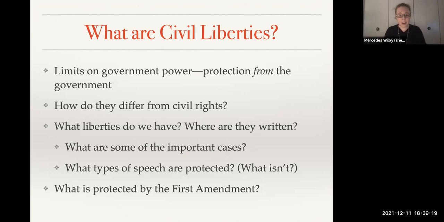That is typically why we don't see speech prohibited in advance of speaking or the press limited before they publish. That is why typically these are punishments after the fact, right? You can't stop someone from saying something that will incite violence. You can punish them after the fact. The hope is that if we punish people for incitement after the fact, people will stop inciting violence, right?